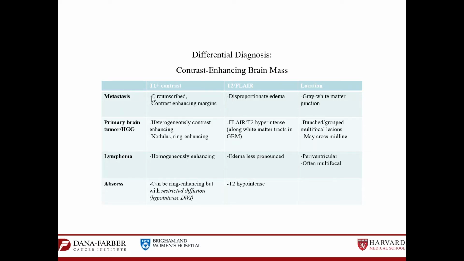If it's metastasis, as we said, it will be well circumscribed, contrast enhancing, with maybe edema on T2. And the location of brain metastasis, if you take care of this point, is usually at the gray-white matter junction. So those are the common areas where metastasis presents.